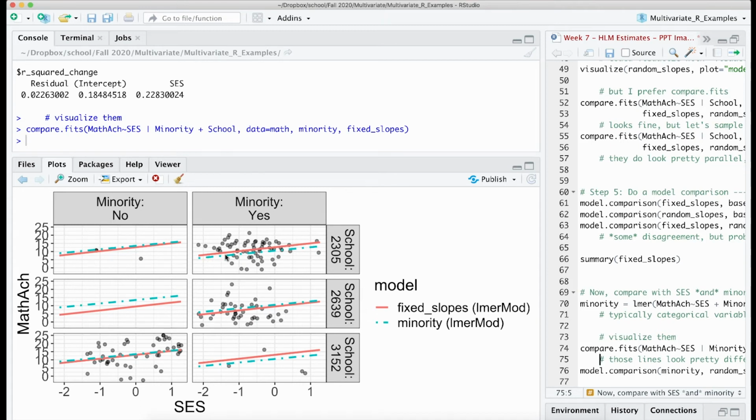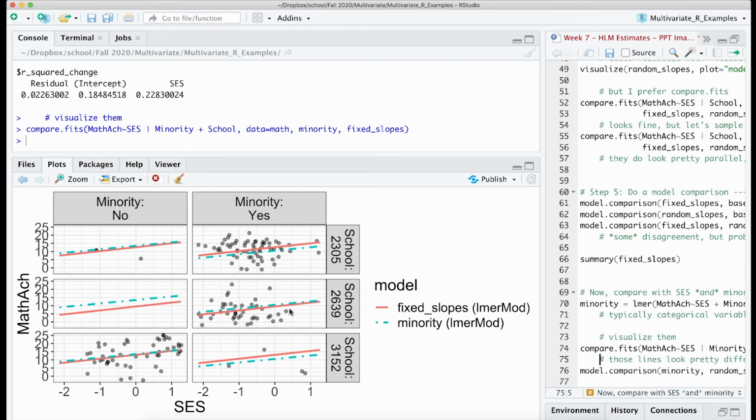The blue line, on the other hand, will explicitly account for minority status. So the blue line over here is predicting, relative to the other model, slightly lower scores for minorities and higher scores for non-minorities.